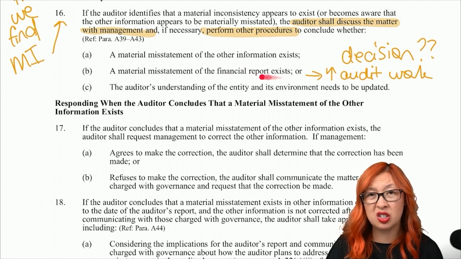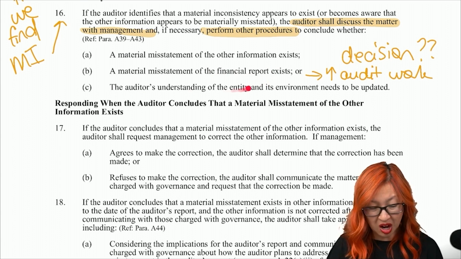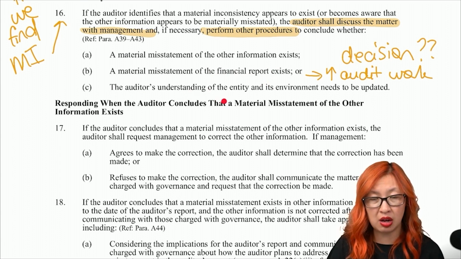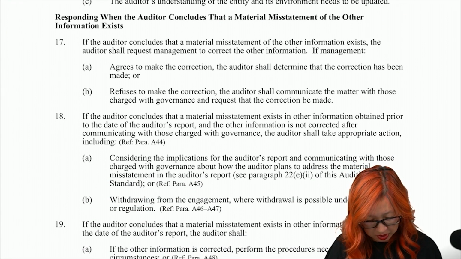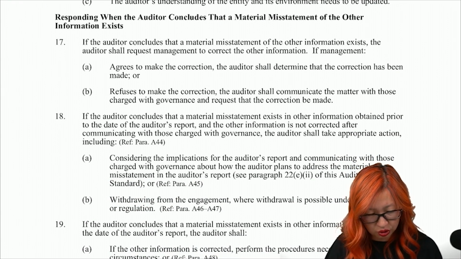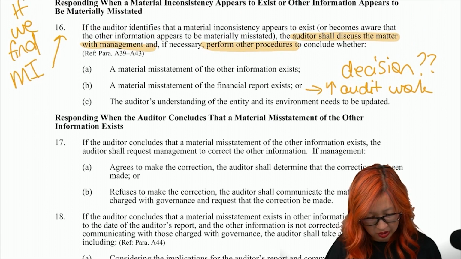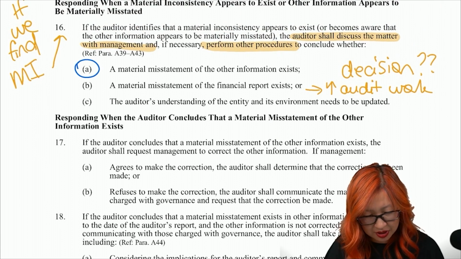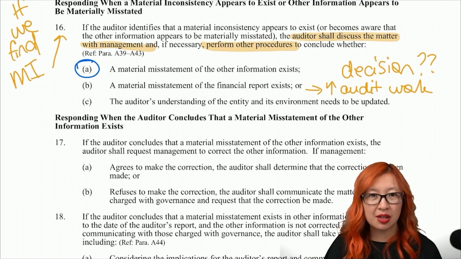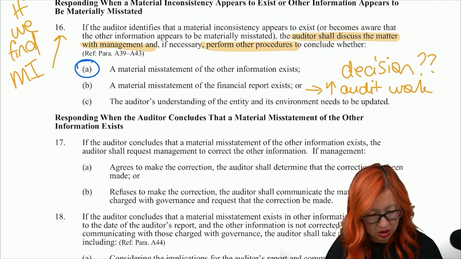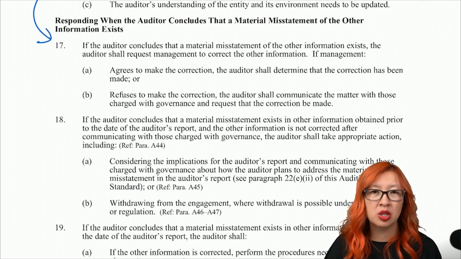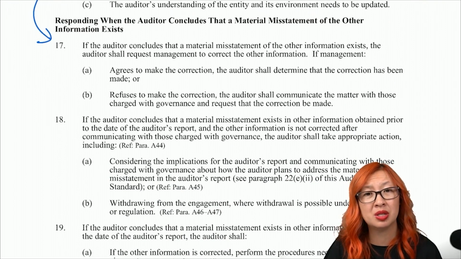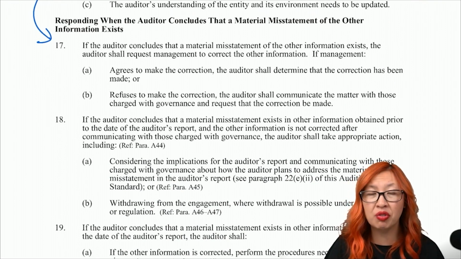So maybe there's still a financial statement error, or maybe I don't understand the client well enough. Those are the three options. Now, what happens if I go through all of this process up here and I decide that it's A? If I decide that it's A, then we flow down here into this section about responding when the auditor concludes that a material misstatement of the other information exists.